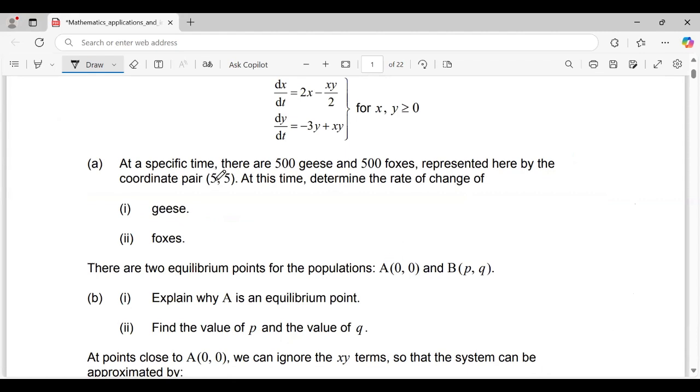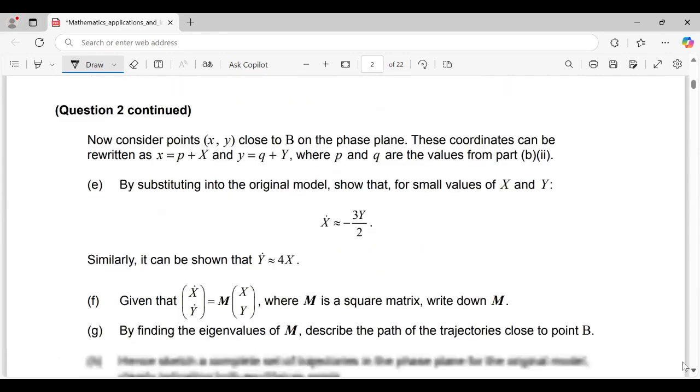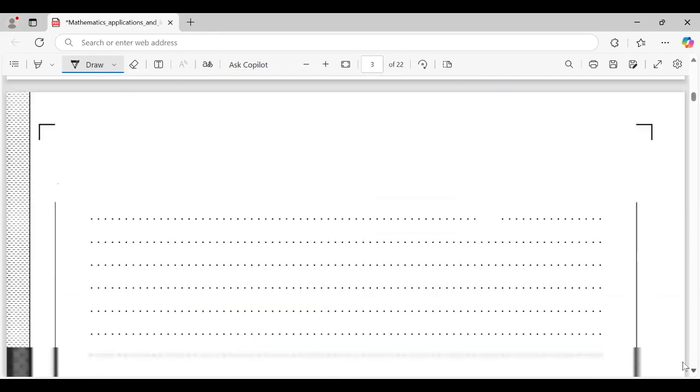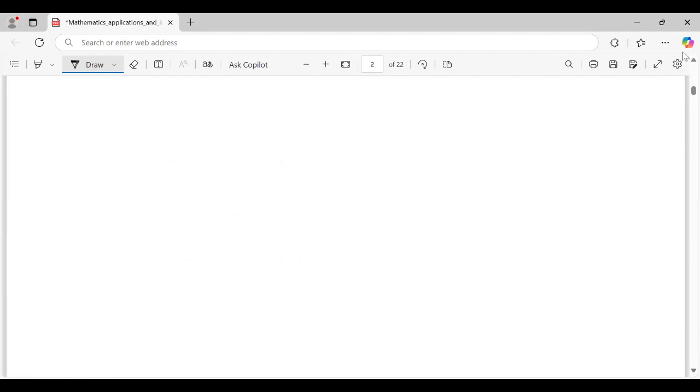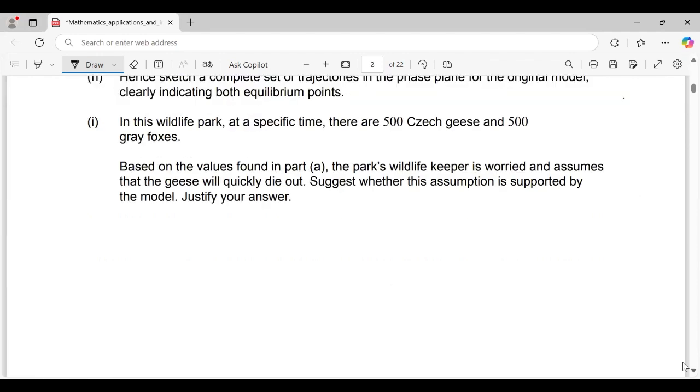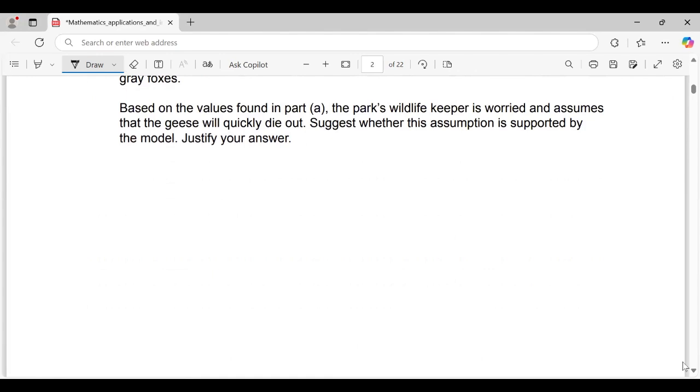Okay, so this 5 represents 500 geese and this 5 represents 500 foxes. On the space, the coordinate point is (5, 5).